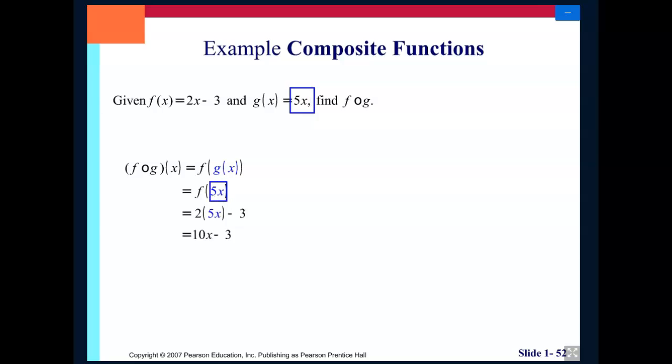So it became replaced here. And then we actually plug it into the original function for every x. So that's where you get 2 times 5x minus 3, giving us 10x minus 3.